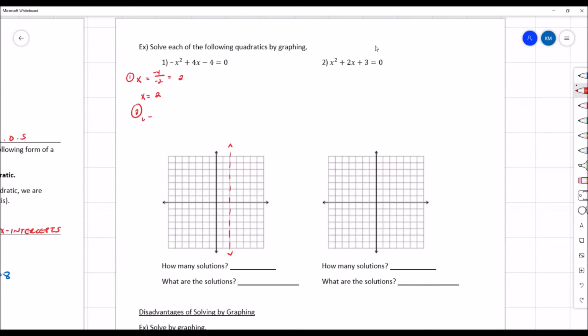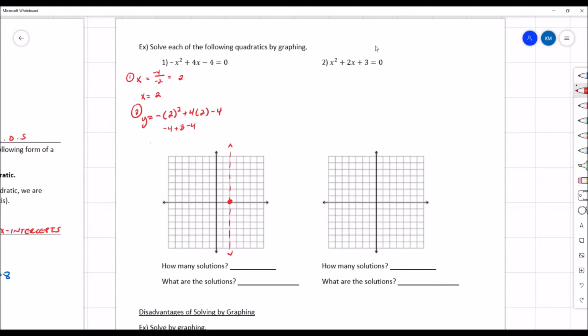So we go y equals negative 2 squared plus 4 times 2 minus 4. So that's negative 4 plus 8 minus 4, and that gives us 0.